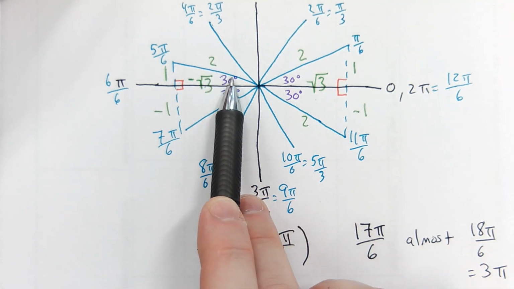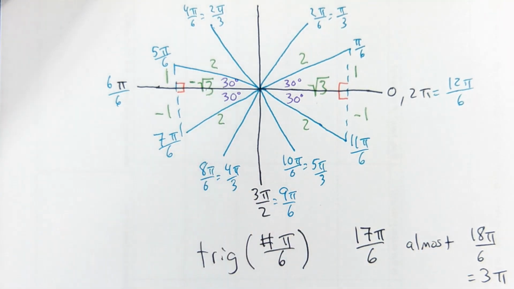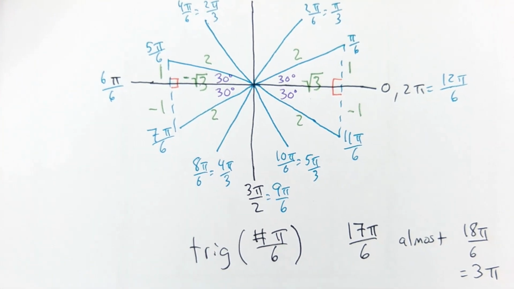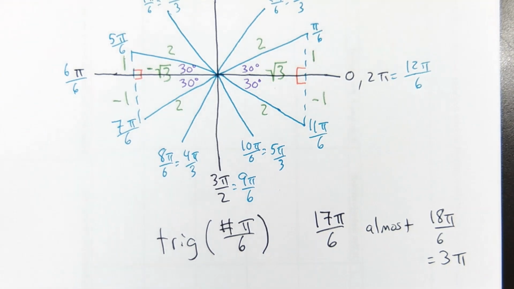And cosine would have been x over r, or negative root 3 over 2. And that is how we use our reference angles and our special right triangles and our fractions of pi's to evaluate trigonometry.